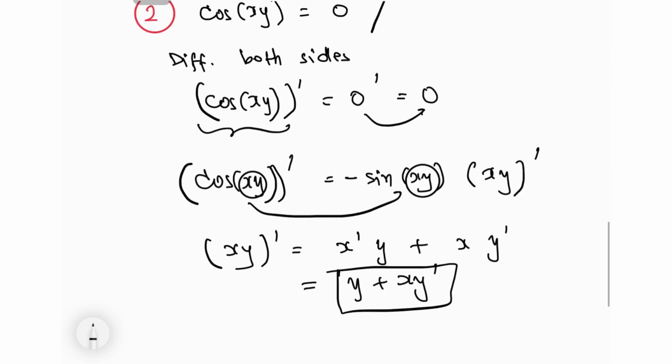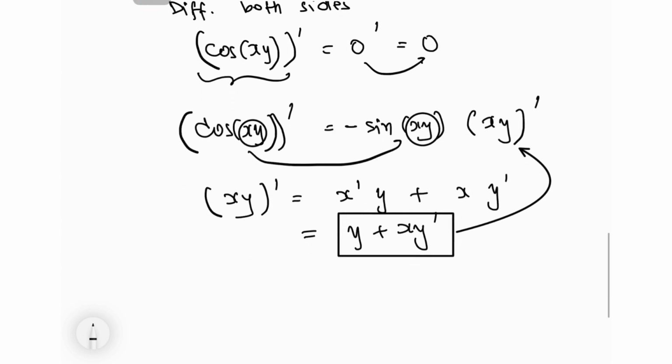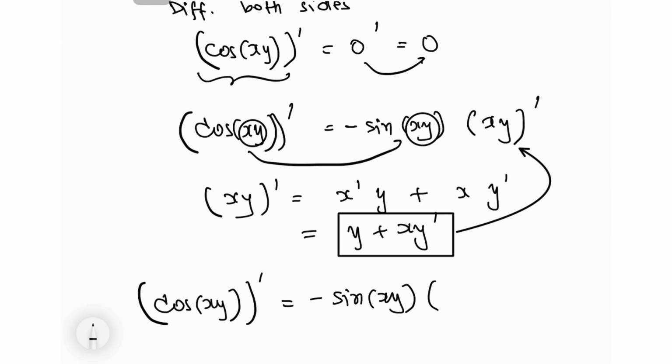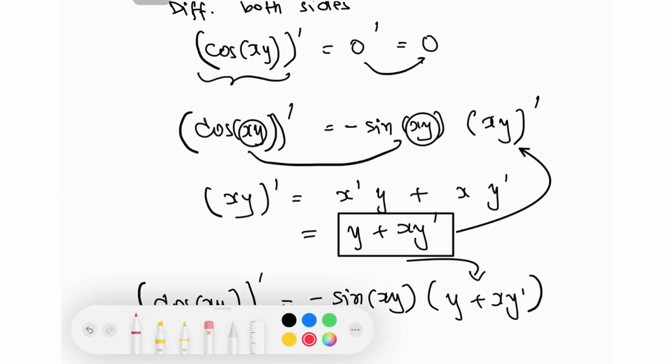So this we can then put here, and we obtain cosine xy prime is minus sine xy times y plus xy prime, and that's again equal to 0.